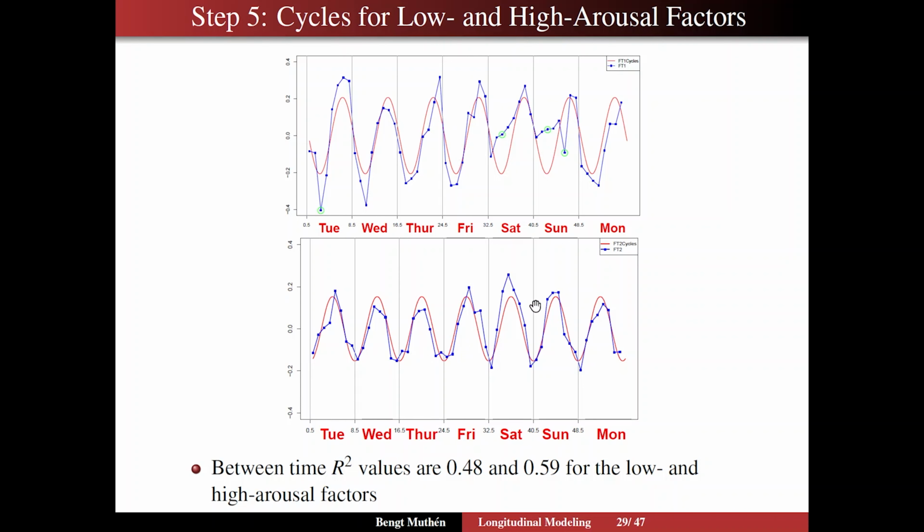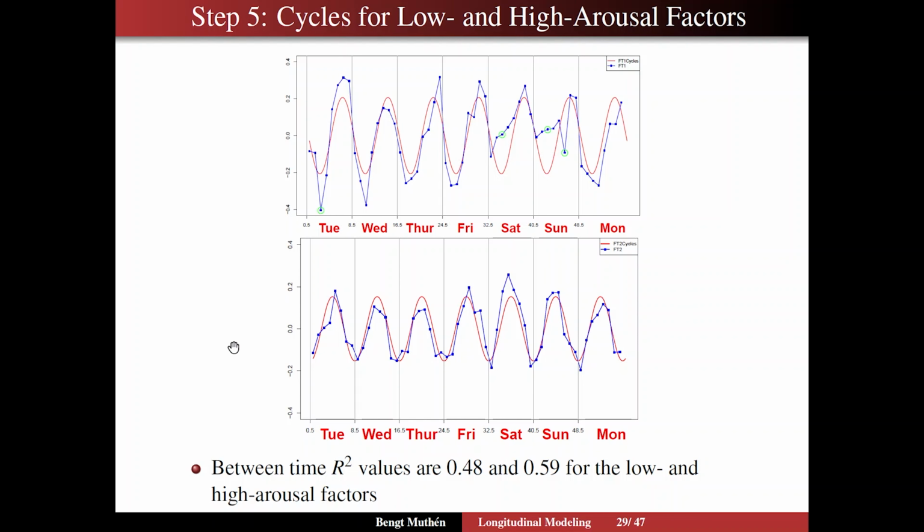Cycles seem to follow the data, or the factor scores rather, quite well here, and you see that reflected in the R-square values being 0.48 for the low arousal factor and 0.59 for the high arousal factor. So we have a more pronounced cyclic behavior for the high arousal factor. And in the epilogue, we're going to see a potential explanation of that phenomenon.